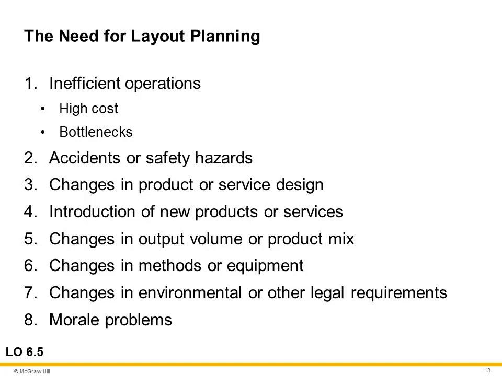Sometimes due to a new product or service, you have to redesign your layout. Or sometimes you have new customer demand, so you have to adjust your production line to address your new customer demand.